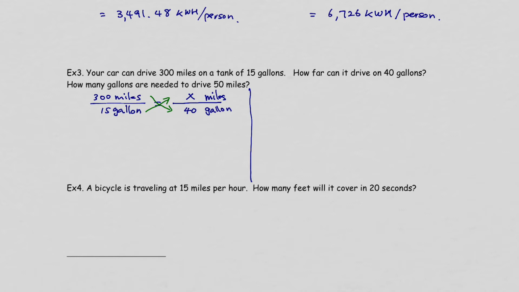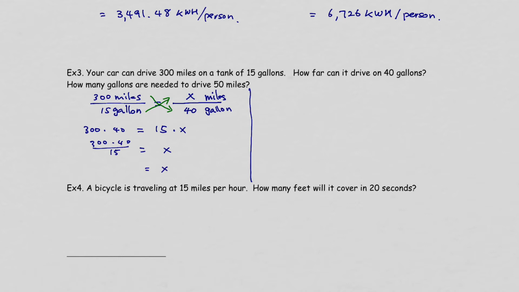When we do the cross multiplication, it should always be equal. So you're going to have 300 times 40 equals 15 times x. In order to isolate x, you need to divide by 15. So x should be 300 times 40 divided by 15.